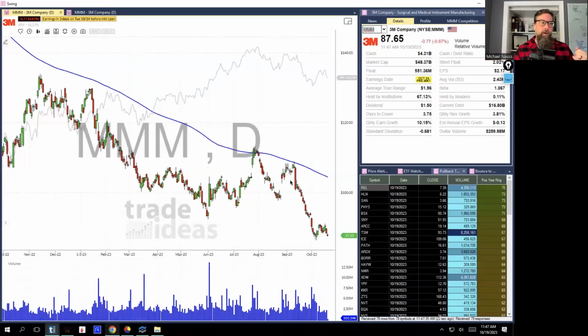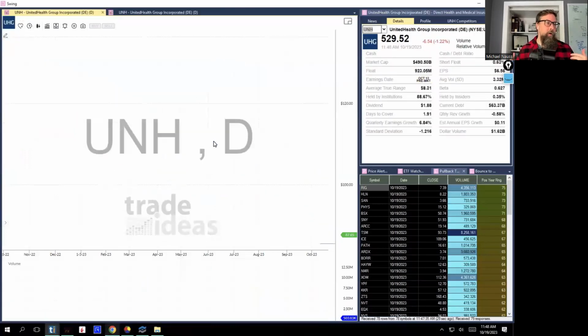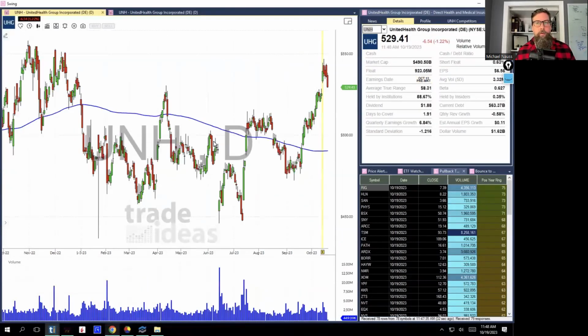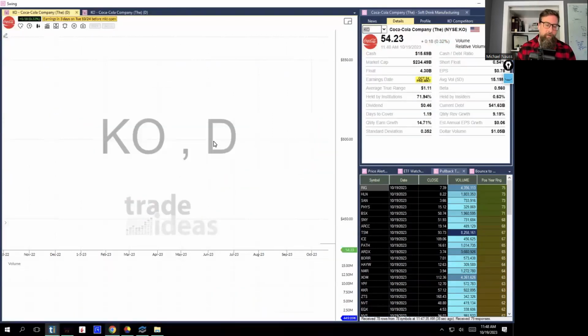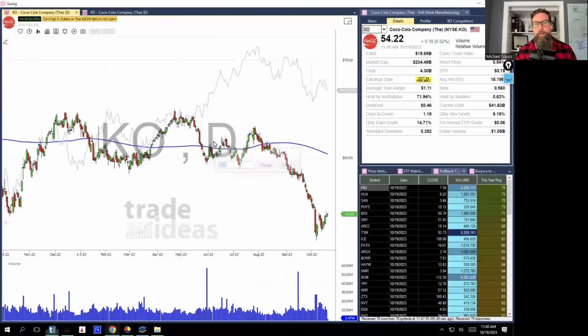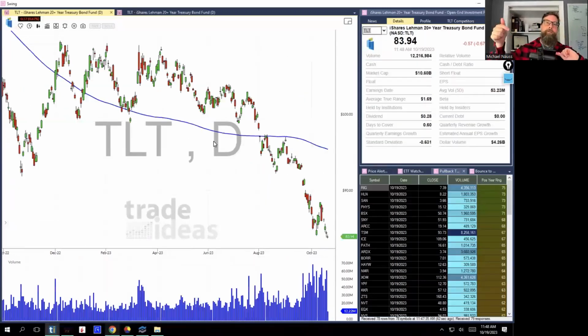So, Coca-Cola, I see 3M, UNH. UNH is a little bit better because it's a healthcare company, but yeah, with Coca-Cola and a lot of these names, the best thing to look at is rates. You can just do that by looking at the inverse of TLT, right?